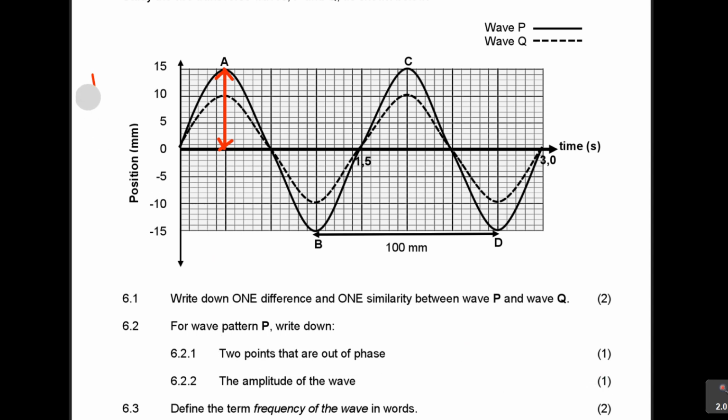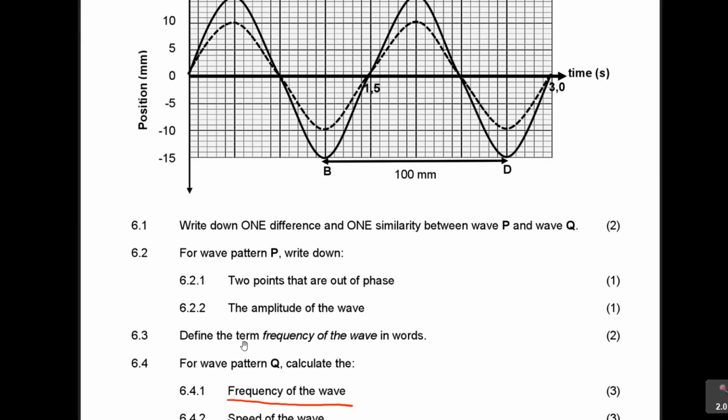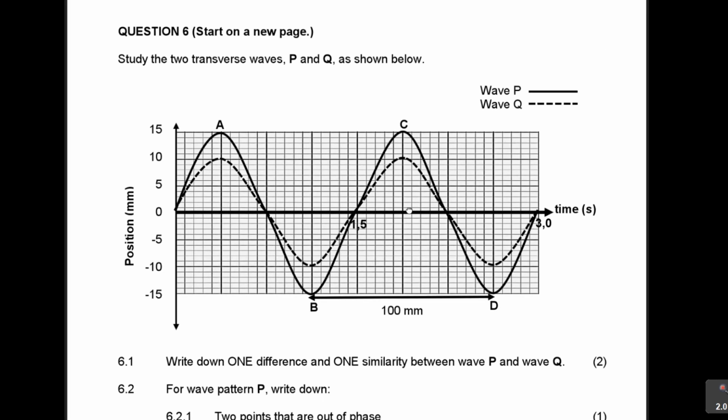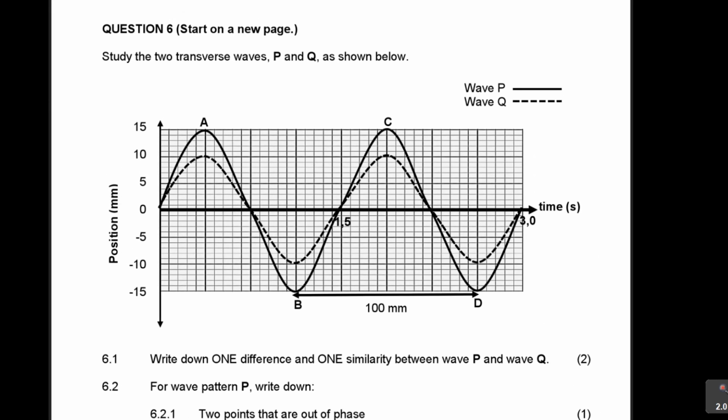Remember the formula that they used, frequency f is equal to 1 over T, and we did define what is period. Or actually, let's use the definition. They say define frequency, and then they ask you what is the frequency. We say it is the number of waves passing a given point in 1 second. So let's see here whether we can get our 1 second.